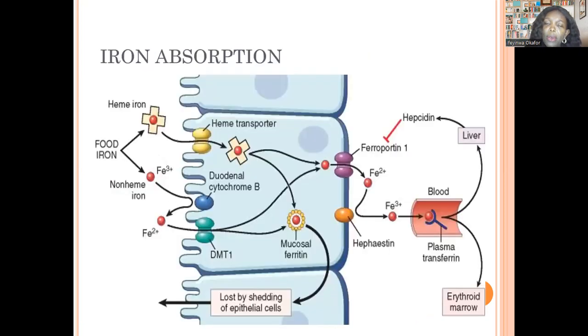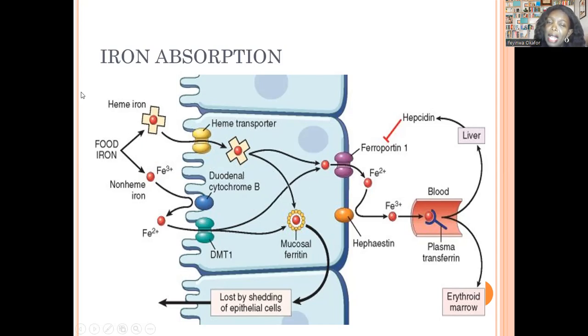In the diagram that we presented earlier, we said that during absorption, iron in the form of iron 2 is released into the circulation by passing through a channel called ferroportin. This ferroportin allows iron that has been absorbed through the proximal duodenum to move into the blood vessels so that it can be bound to transferrin.